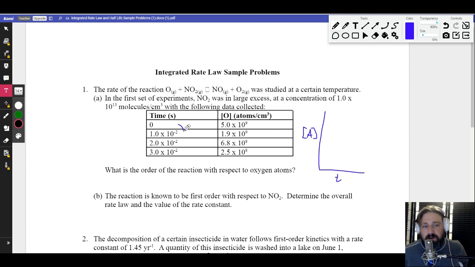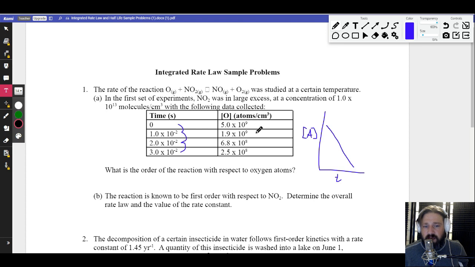This time frame jumps pretty evenly, right? It goes from 0 to 1 times 10 to the negative second, 2 times 10 to the negative second, 3 times 10 to the negative second. So if this is a linear decrease, we should see the same thing here.